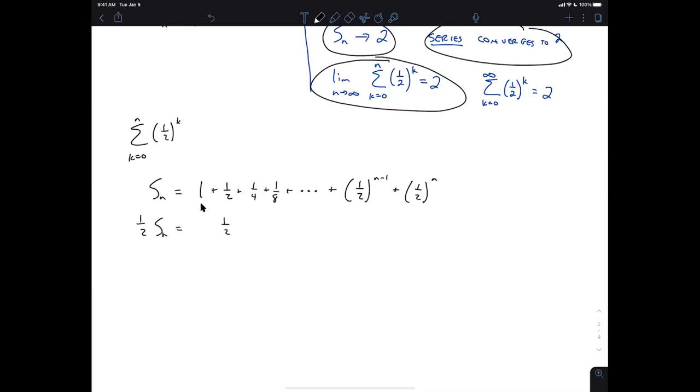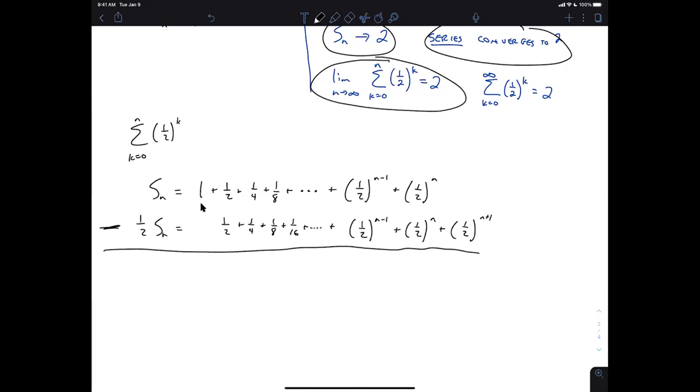So then I get 1/2 plus 1/4 plus 1/8 plus 1/16 and so on until 1/2 to the n minus 1, 1/2 to the n, and 1/2 to the n plus 1. And now if I subtract them, I get this.